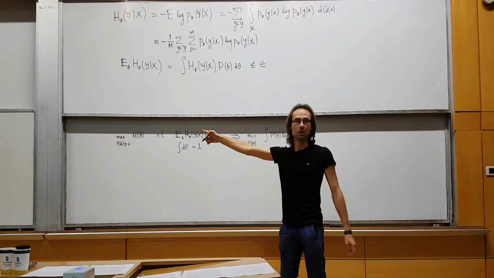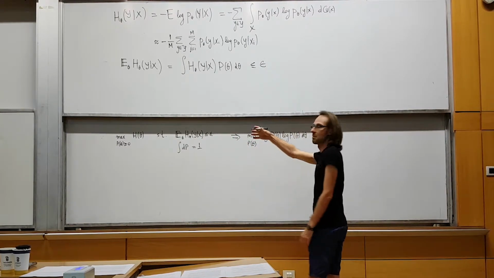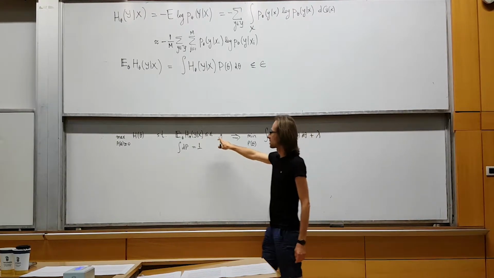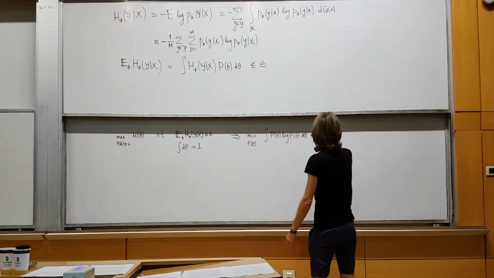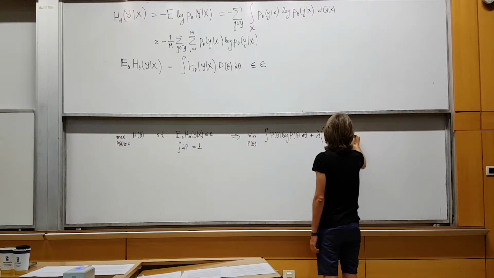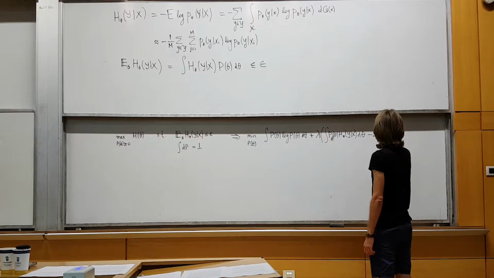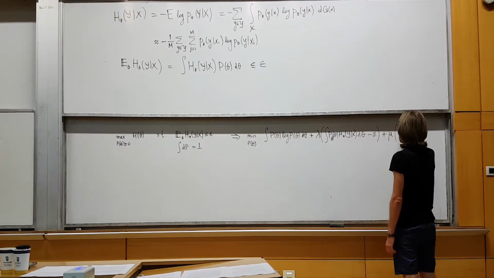This is the entropy, written as a Riemann integral. Plus lambda, the Lagrange multiplier of the first constraint. Let's write what is written there: integral over p theta, h theta y given x, minus epsilon, plus mu, and I have the other constraint.